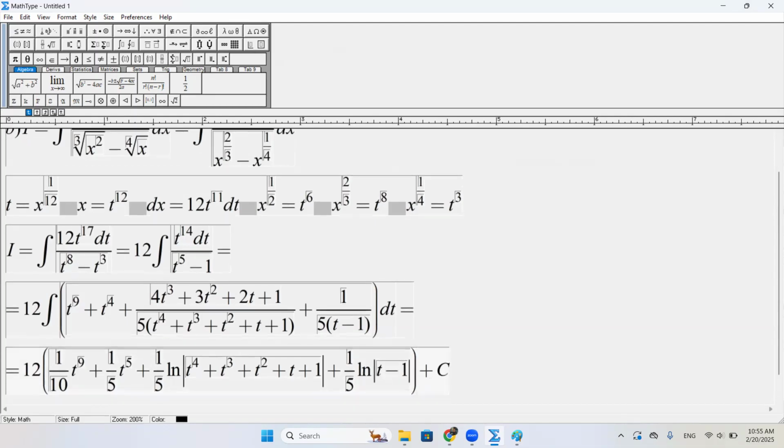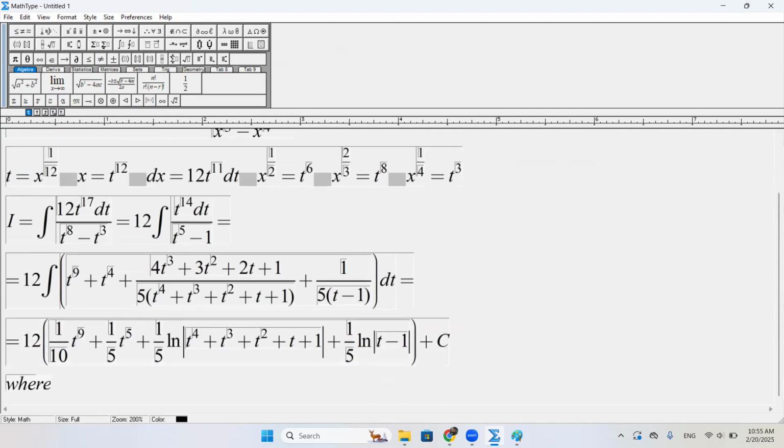And finally we need to write down the value of t, where t equals x in power of 1 over 12.